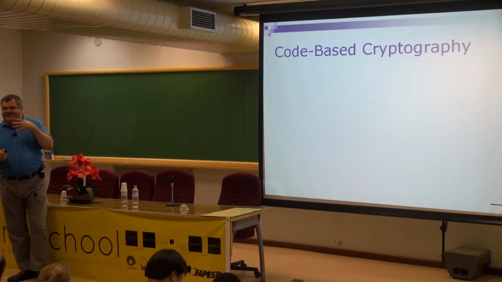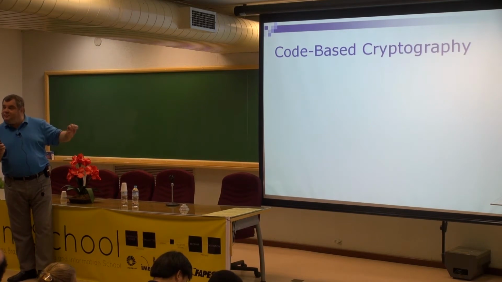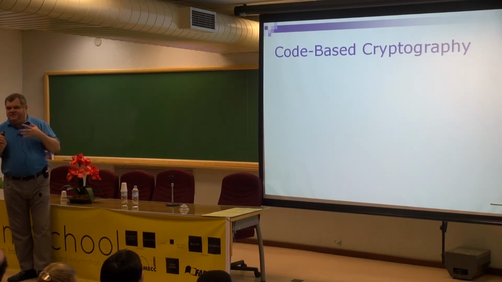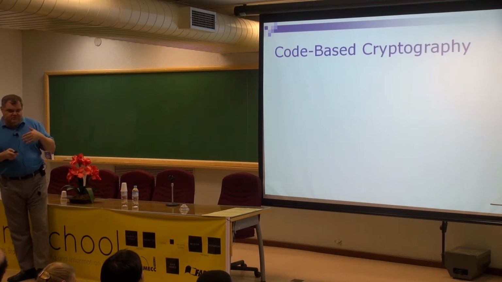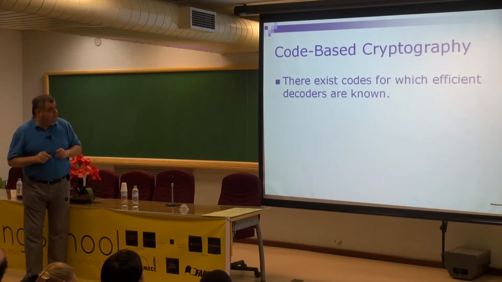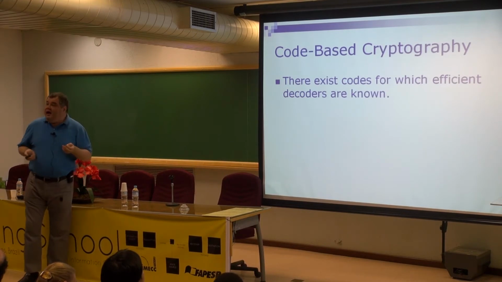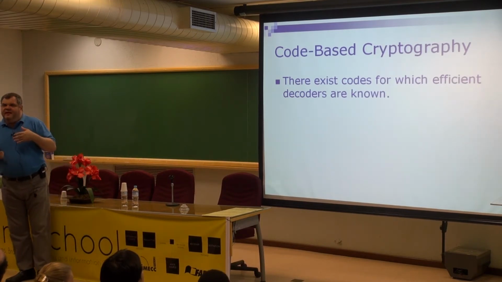It's not exactly the same as those two hard problems. Code-based cryptography is inspired by the hardness of those and other problems as well, but it's not equivalent to those problems. Okay, we know there are codes that admit an efficient decoder.